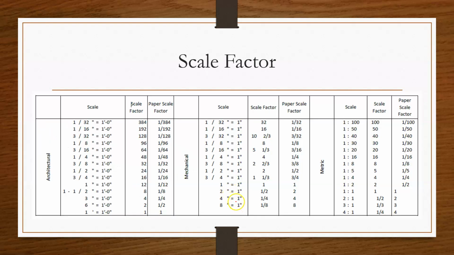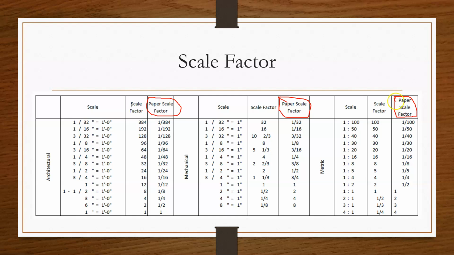All right. So here are some common scales, and these are the most typical ones that you're going to see. I want you to take note of some of these, and we're going to be talking about the scale factor column. This column, where it says the paper scale factor, we're going to worry about a little bit later. Once we jump over to AutoCAD, we will discuss this column heavily.